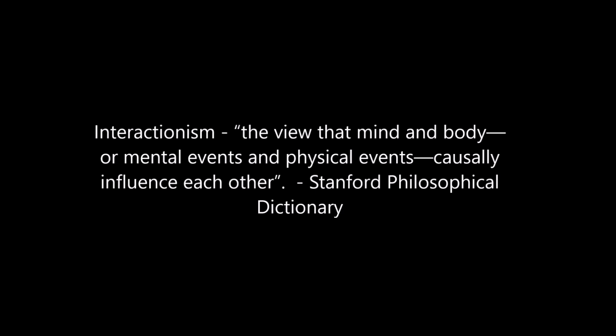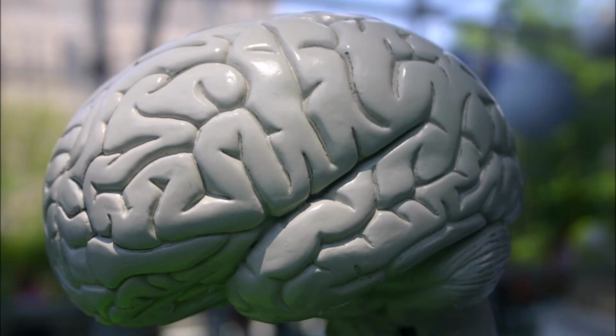Well, when we're assuming an interactionist point of view, there are two key differences. Now, when we're talking about evolution of the mind, we don't necessarily mean evolution of the brain.